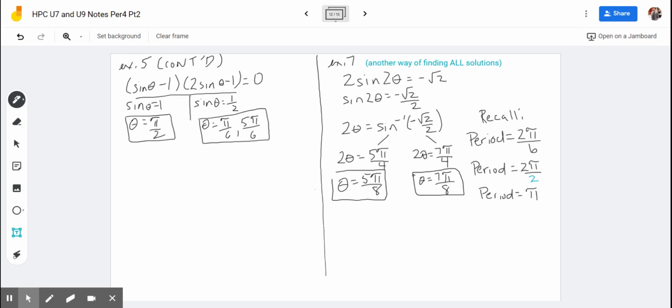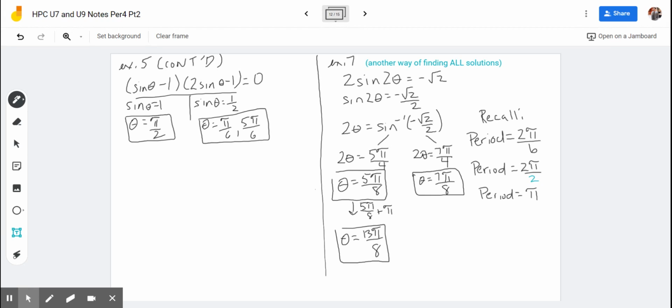So what we could do is take our first set of solutions and then find the next value, which would be 5 pi over 8 plus pi. So plus pi there would be equal to 13 pi over 8, right? Because this would technically be 8 pi over 8 as a fraction. So this would give us 13 pi over 8 for this solution.